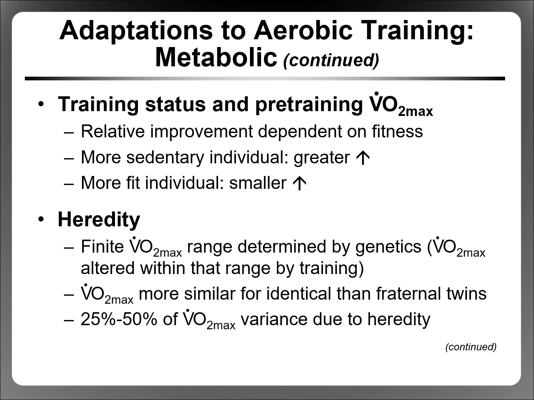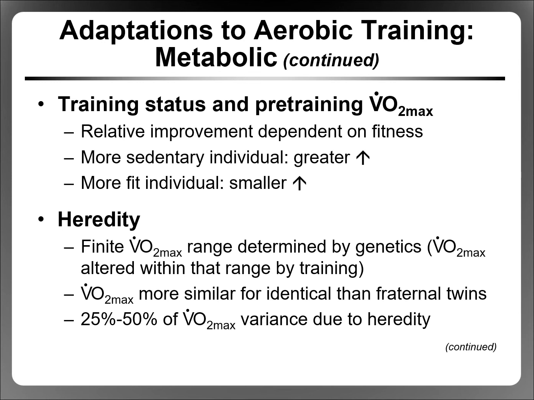Also, genetically, everybody has a finite VO2 max range. It does not matter how hard you train these people, everybody has a genetic ceiling. We have done studies on this, looking at identical versus fraternal twins.